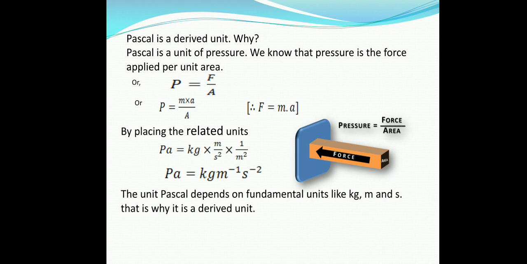By placing the related units, pressure, its unit is Pascal, mass is kg, acceleration is meter per square second, and area is its reciprocal. So Pascal, Pa, is equal to kg per meter per square second. So the unit Pascal depends on fundamental units like kg, meter and second. That's why it is a derived unit.